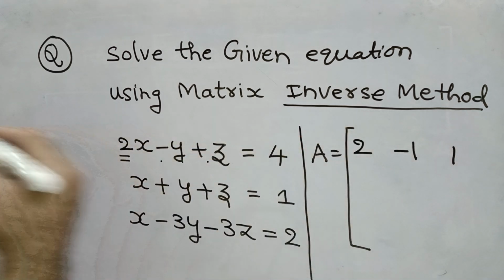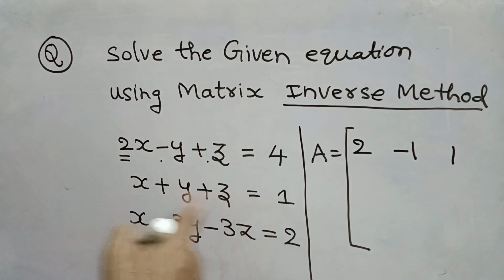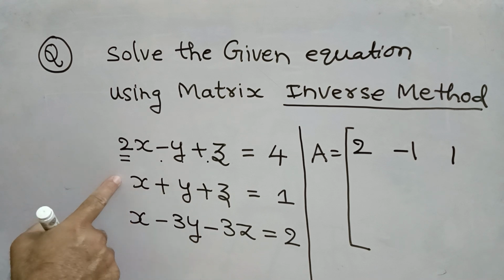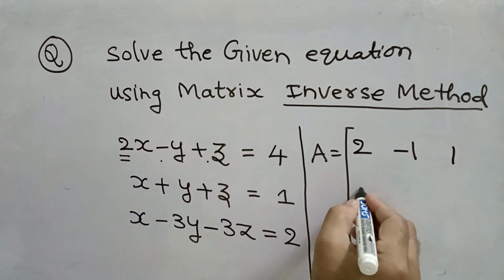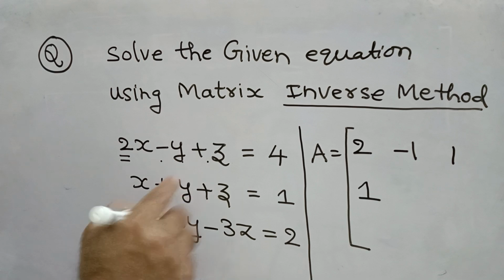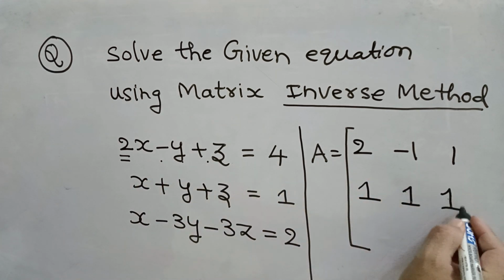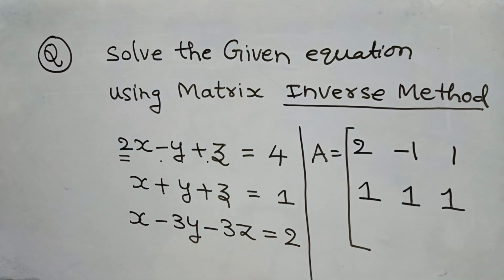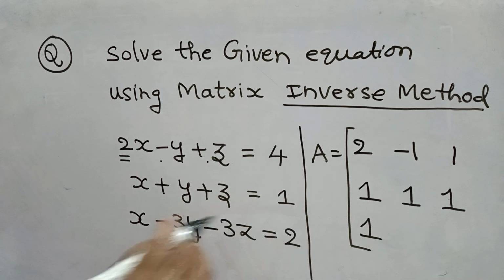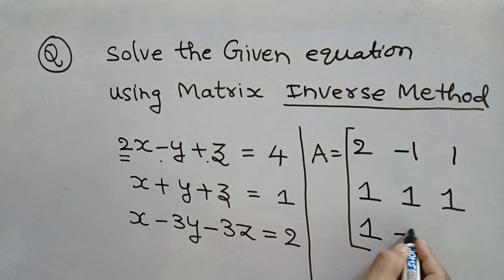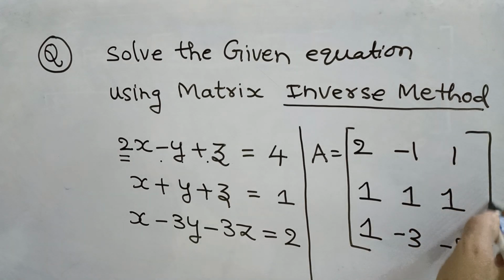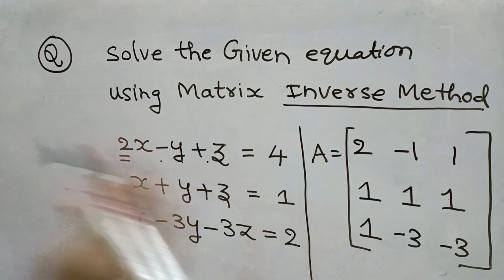Coming to the second equation, the x coefficient is 1, the y coefficient is again 1, the z coefficient is 1: 1, 1, 1. Coming to the third equation, the x coefficient is 1, the y coefficient is minus 3, and the z coefficient is minus 3. That's it. This is your matrix.